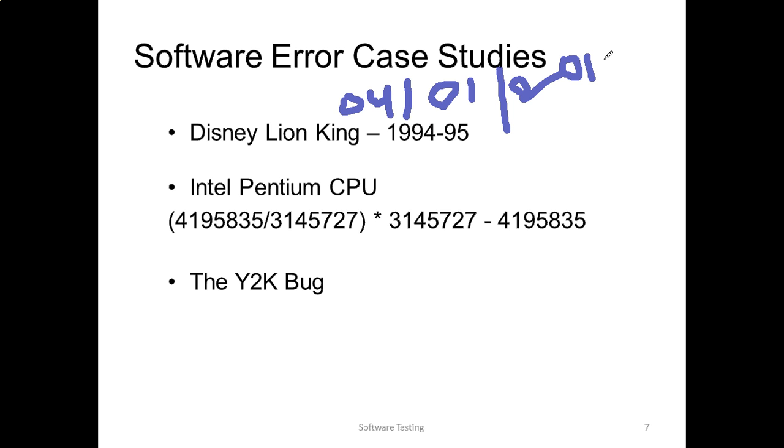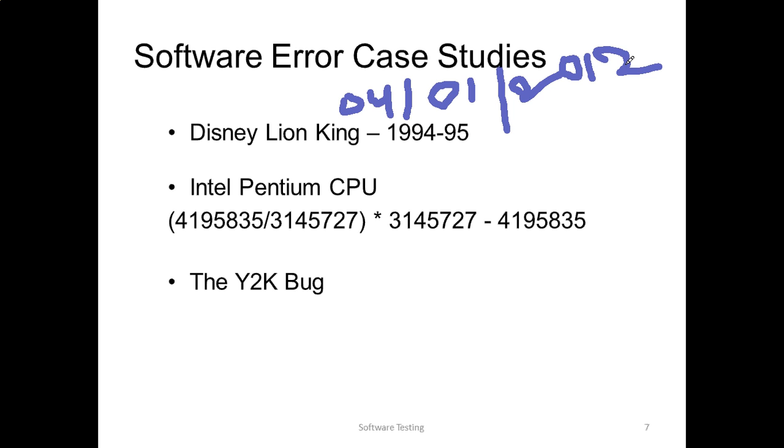To store this, it generally took 1, 2, 3, 4, 5, 6, 7, 8, 9, 10 characters. So if there are a million people, each date has to be stored in 10 characters.